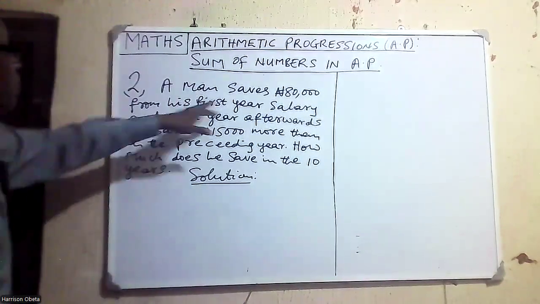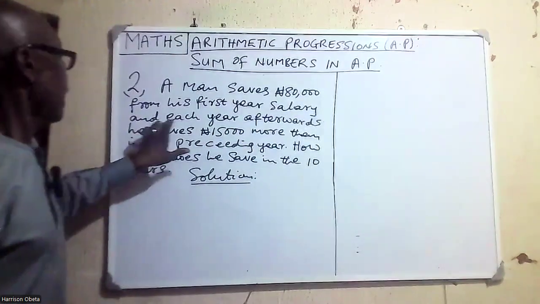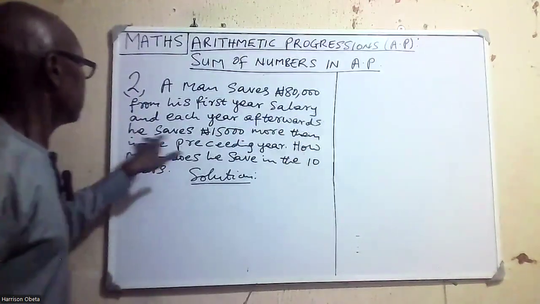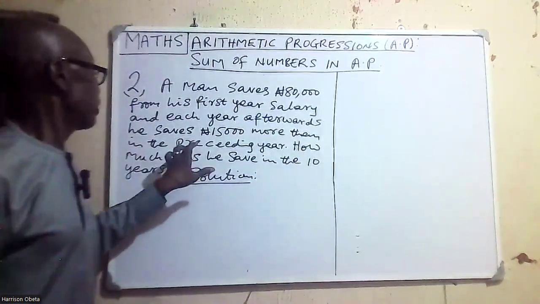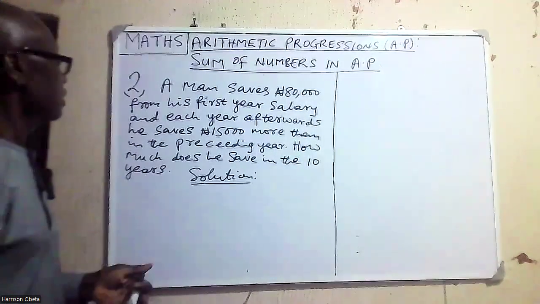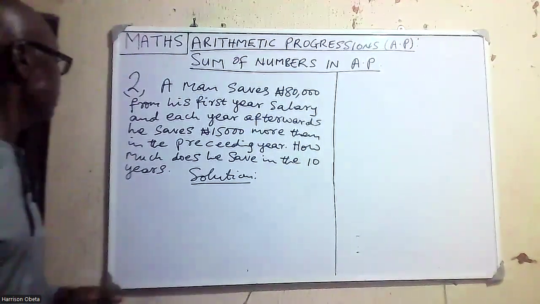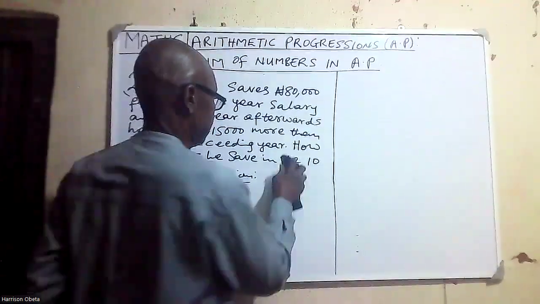Number 2 question: a man saves 80,000 naira from his first year's salary, and each year afterwards, he saves 15,000 naira more than in the preceding year. How much does he save in 10 years?